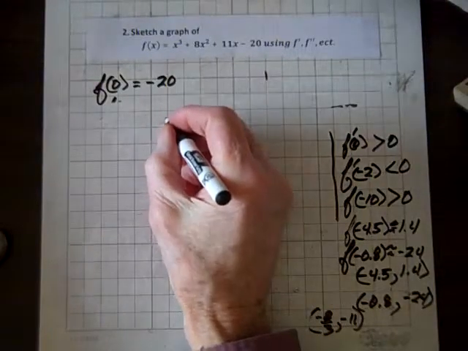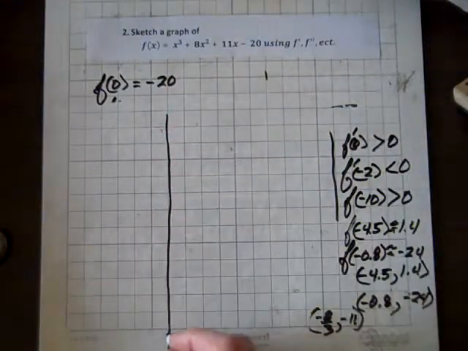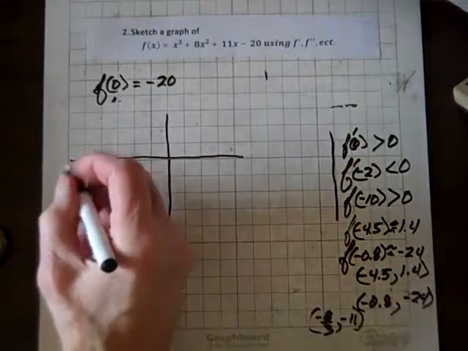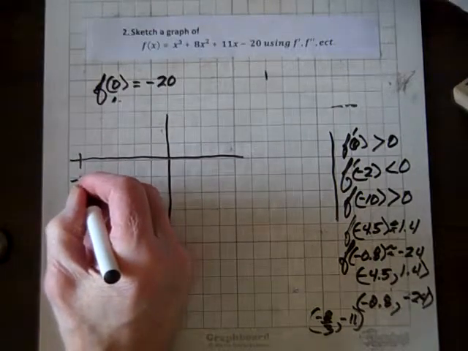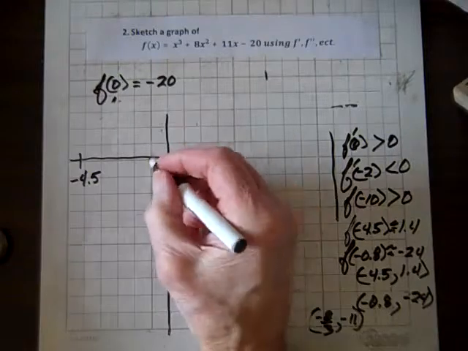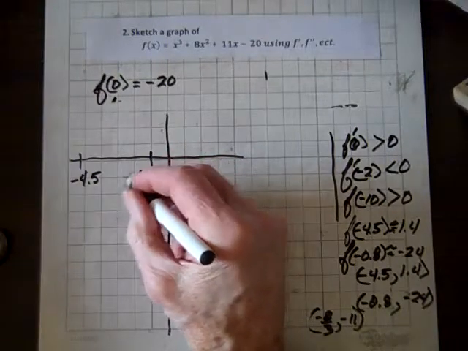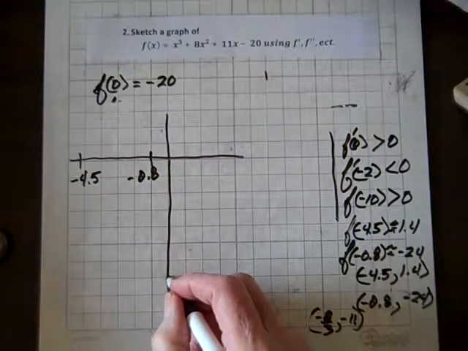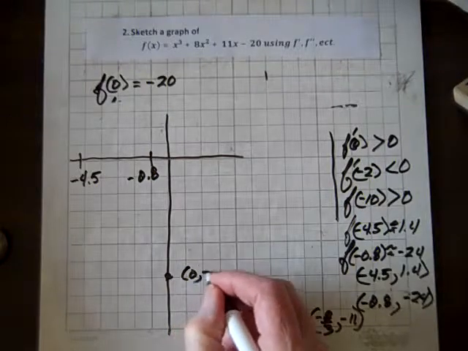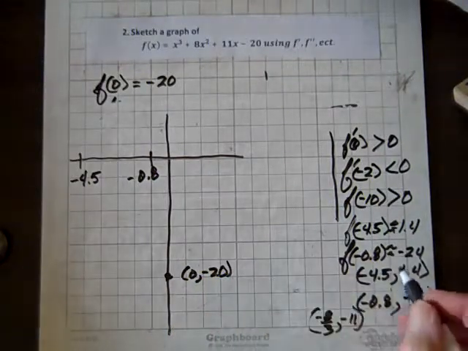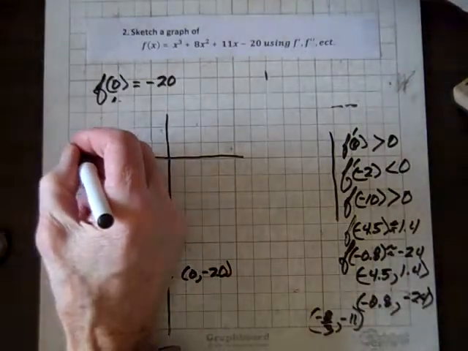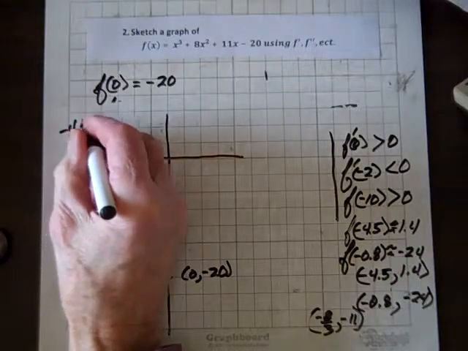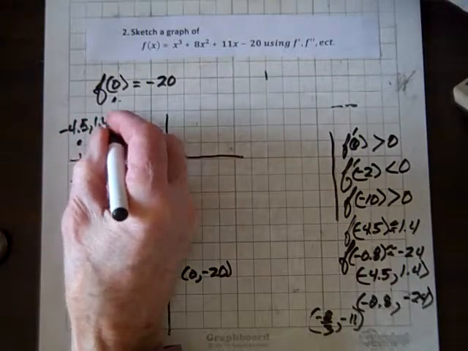We're going to draw the graph, and we're at negative 4.5, negative 0.8, and down here we're at 0 and negative 20. Let's see, our max occurs at negative 4.5 and 1.4.